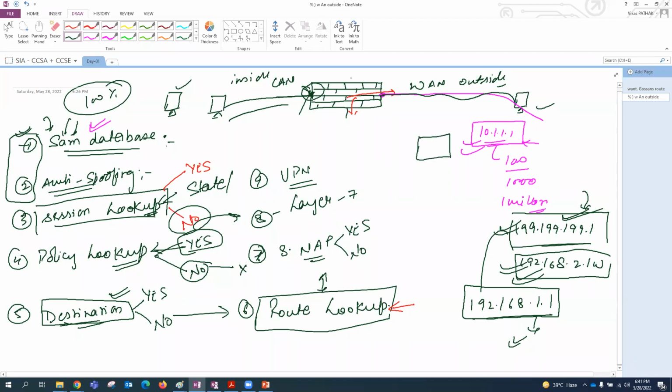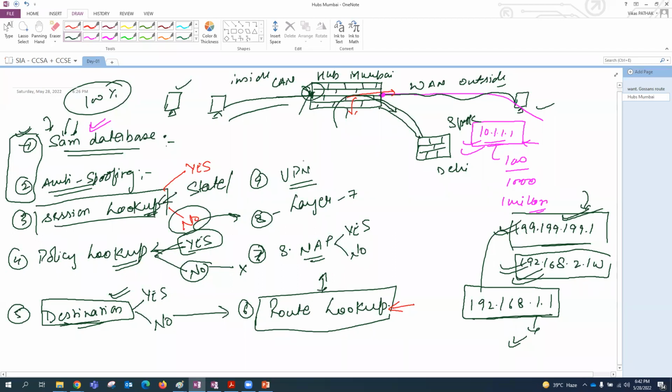Let's suppose this firewall belongs to Mumbai, and Mumbai is my hub. Let's suppose I have a firewall in Delhi, and Delhi is my spoke location, and I have a VPN tunnel over here. So this firewall will check at the ninth step, do I need to forward this traffic over the VPN or not?